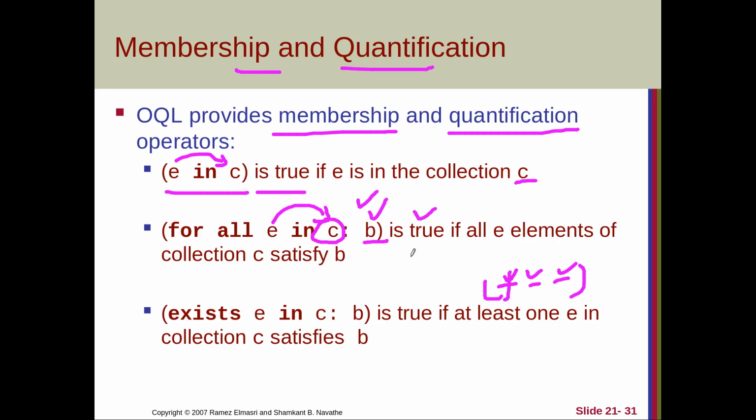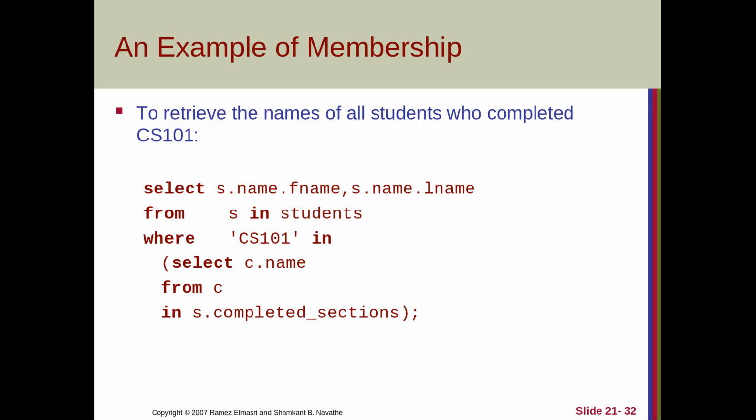If any one fails, it will return false. That's all. Then exists E in C: B. It is true if at least one element in the collection C satisfies B. If at least one element that belongs to collection C satisfies the condition B, it will return true, otherwise it will return false. If all fail, it will return false.